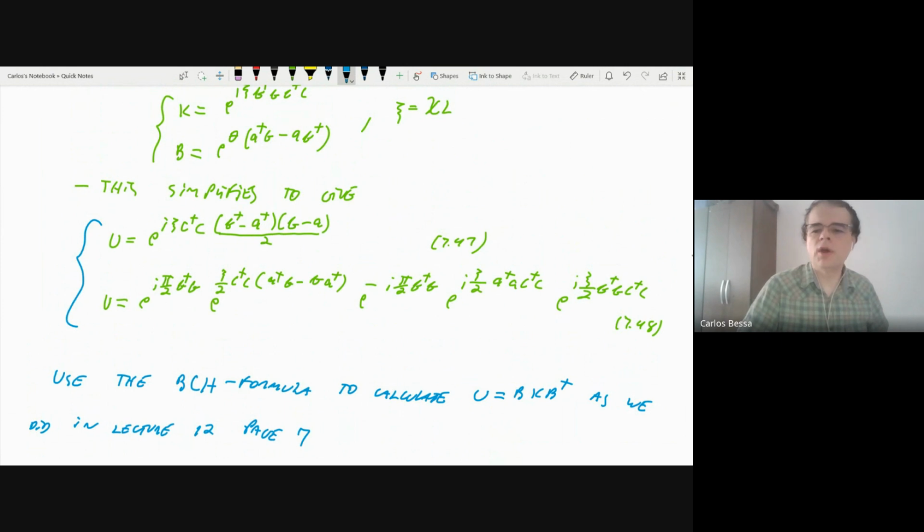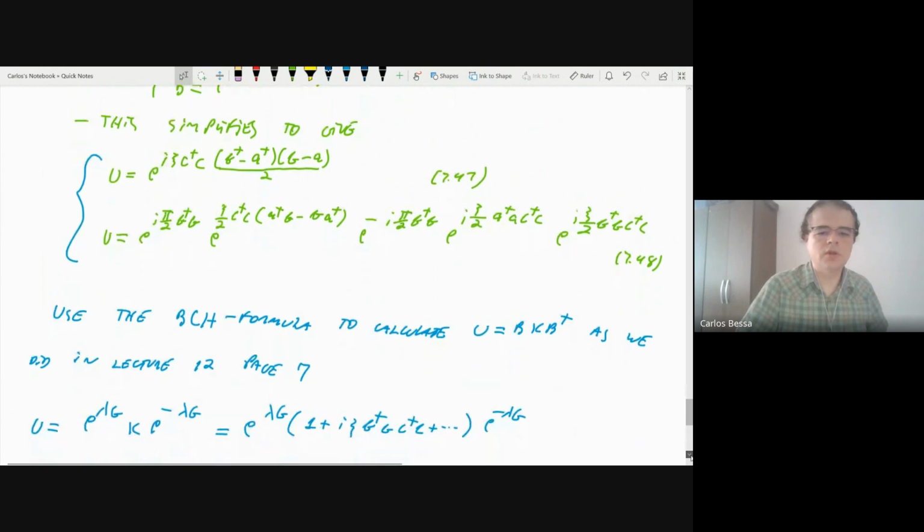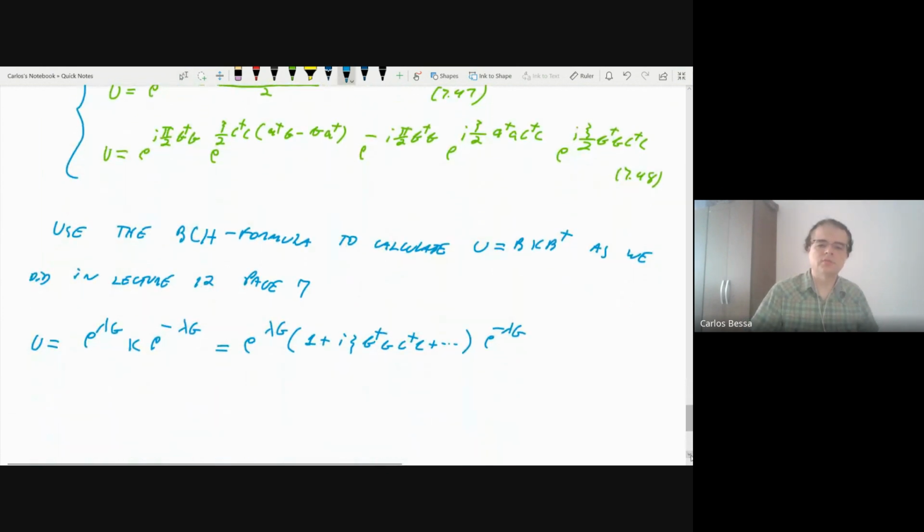So small a and small b, they commute with C. So you could write this as 1 plus I chi, that's constant, C dagger C, E lambda G, B dagger B, E minus lambda G, plus higher order terms. So if you do this, you need to calculate this. Okay. In the past lecture, we calculated only.